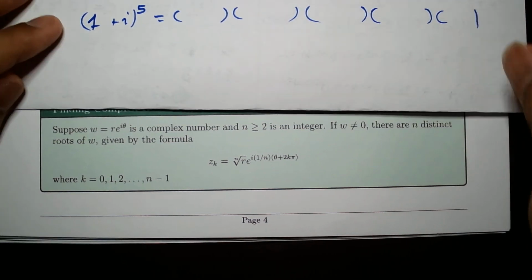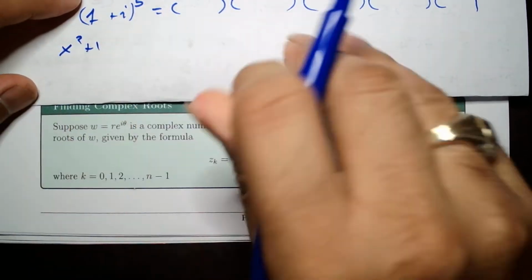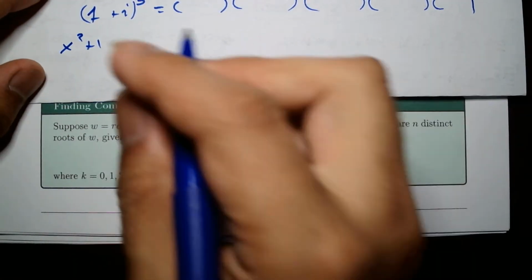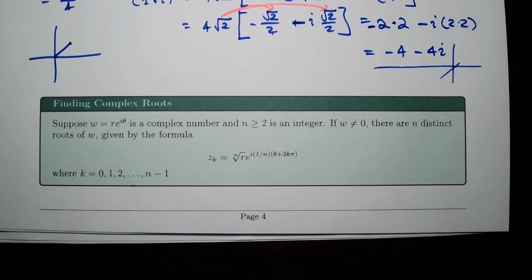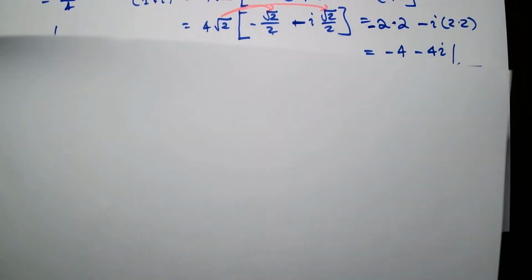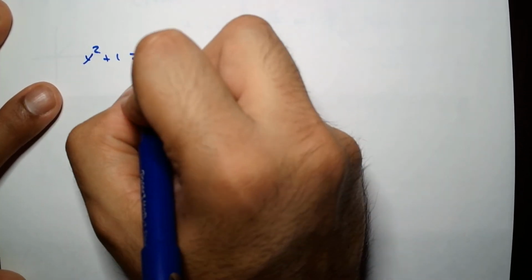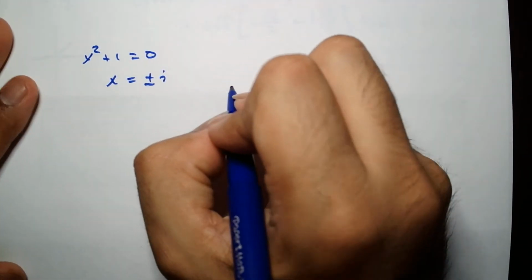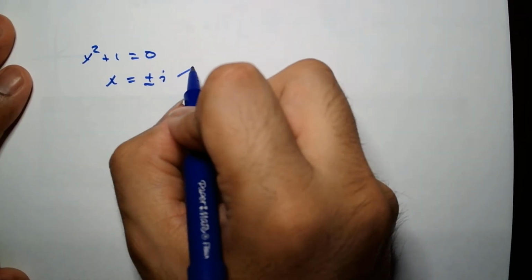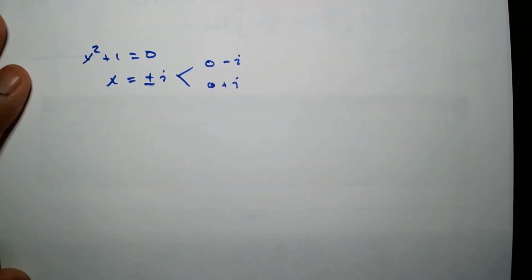Well, you might remember when you solve the equation x squared plus 1 equals 0, x equals plus or minus i. It has two complex solutions actually, 0 minus i and 0 plus i. So those are two complex solutions.